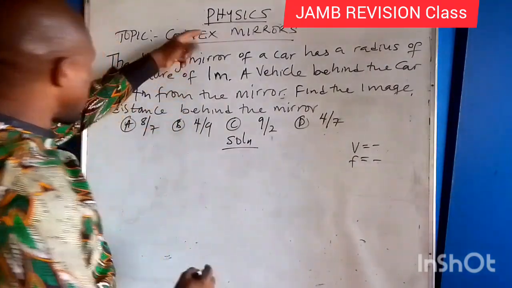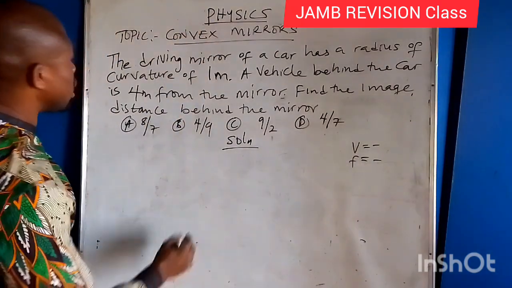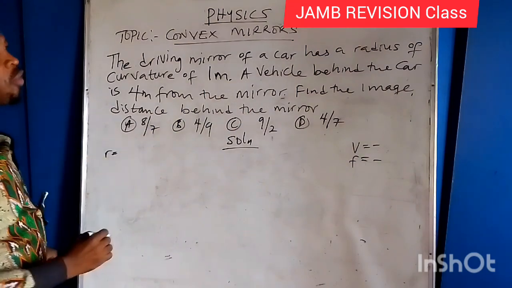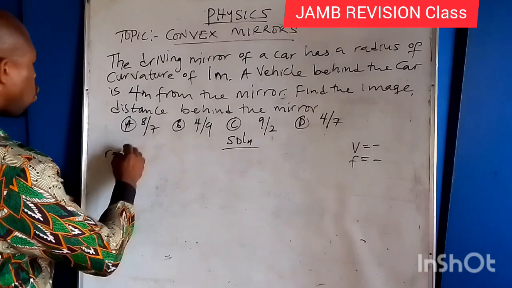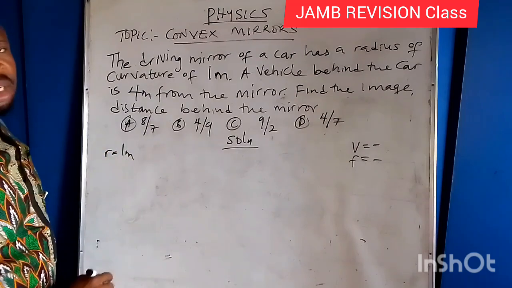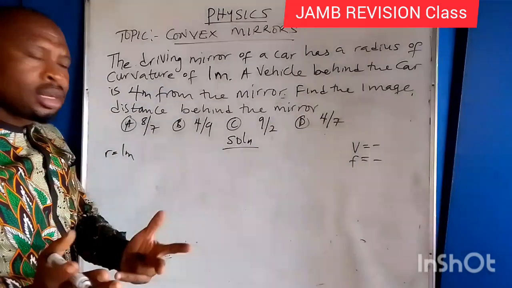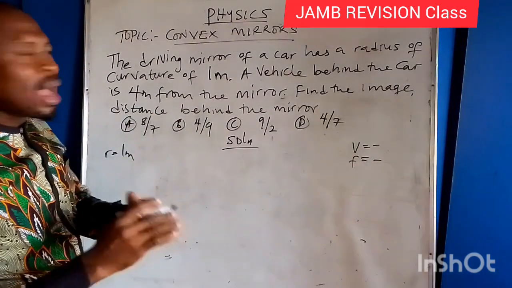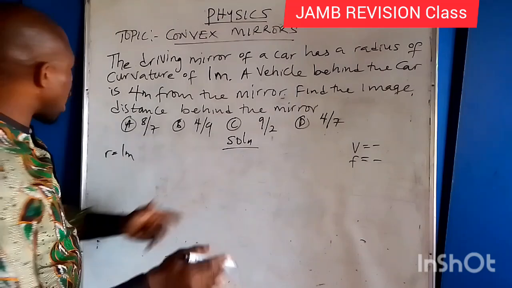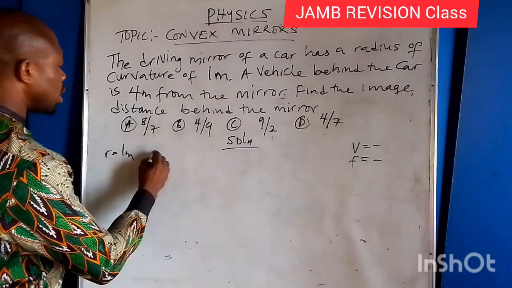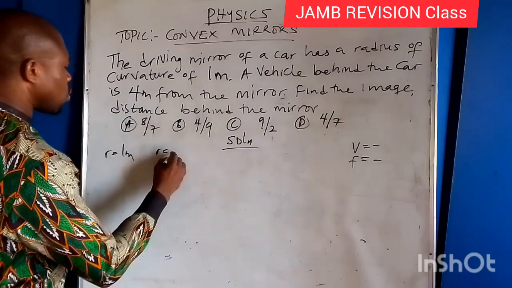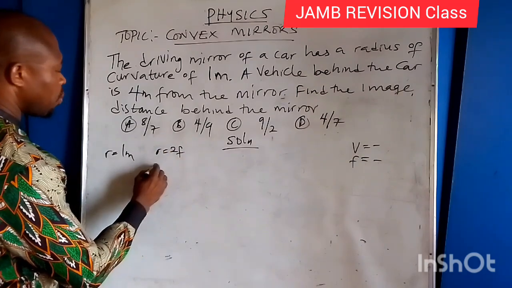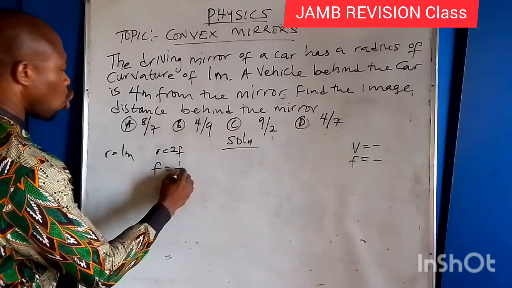Now let us x-ray the information given to us here. The radius of curvature R is 1 meter. Of course, the relationship between radius of curvature and the focal length is that R is equal to 2F. Therefore, F will give us 1/2.